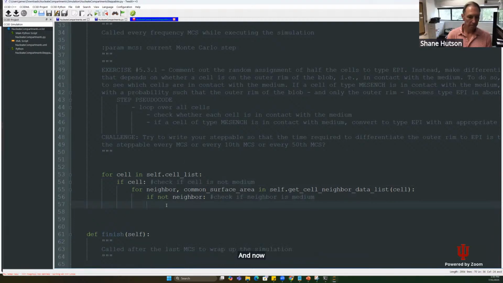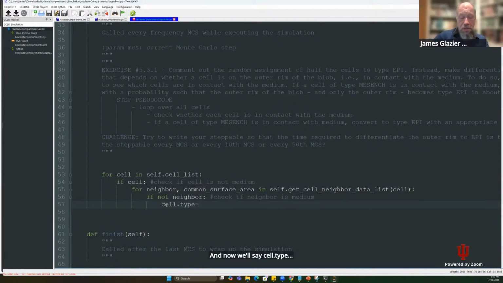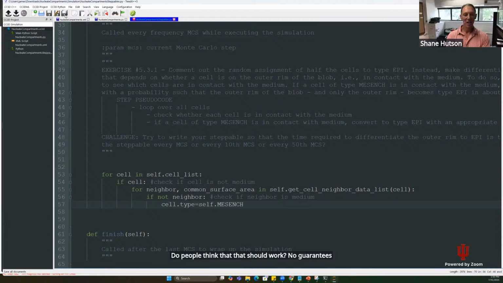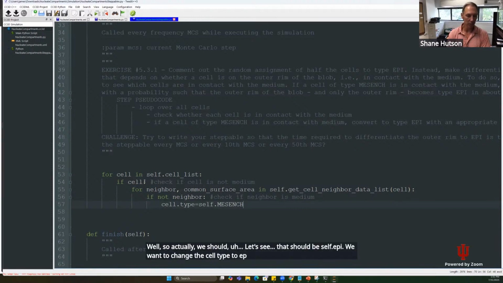And now we'll say cell.type equals self.MESENCH. Do people think that that should work? No guarantees. Well, actually, let's see. That should be self.EPI. We want to change the cell type to epi if it's in contact with medium.